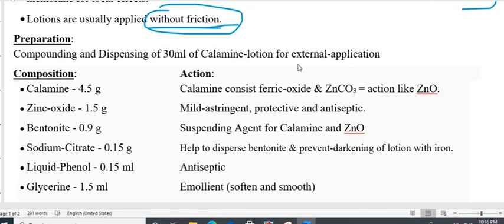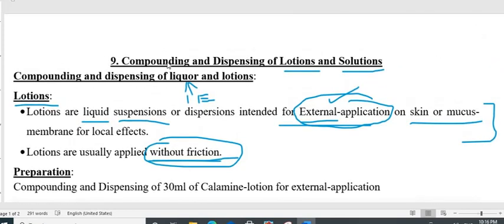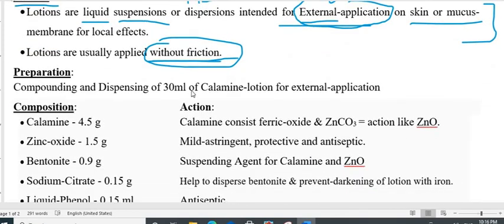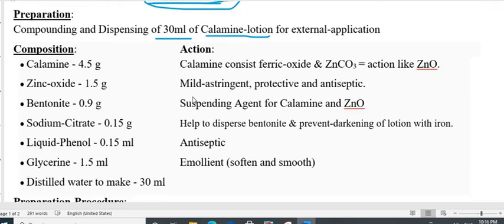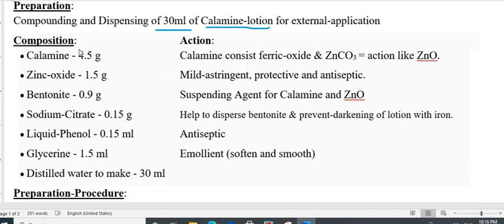Now we have to go through preparation number one under the lotion, and that is calamine lotion. We are going to compound and dispense about 30 ml of calamine lotion for external application over a skin condition. The ingredients of the preparation are, because the name is calamine, calamine.